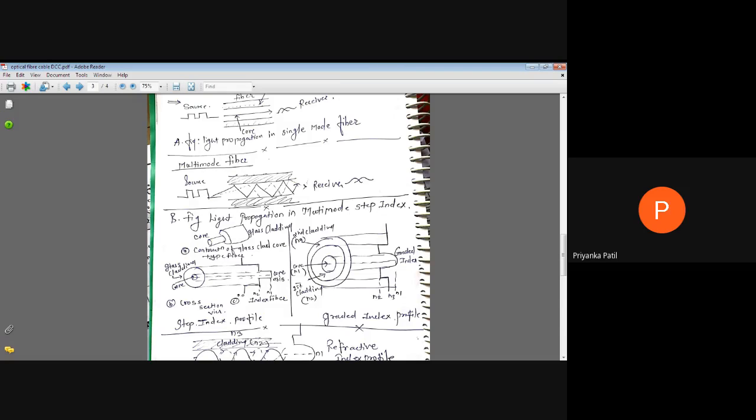The multiple beams follow different zigzag paths as shown in figure B, meaning the information follows multiple paths in a zigzag pattern.